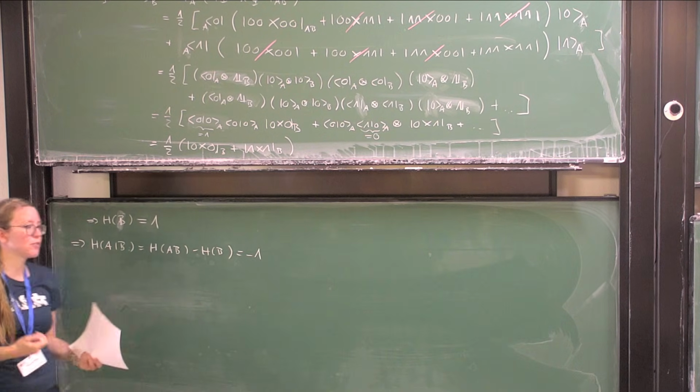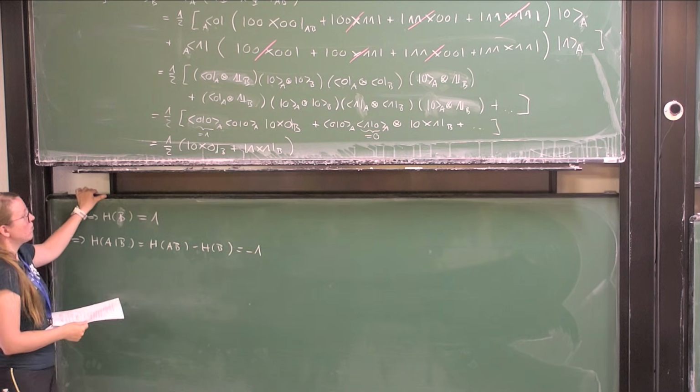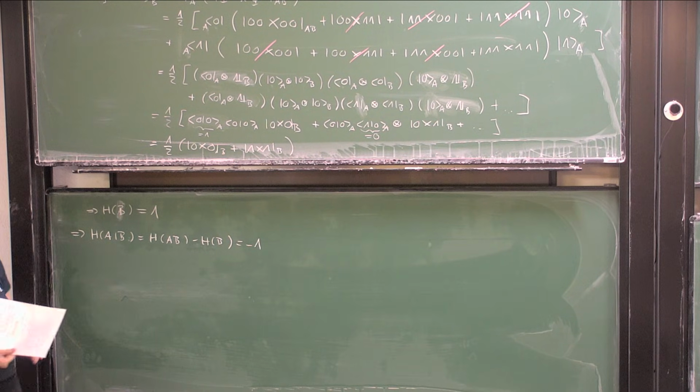So we get a negative entropy if we put an entangled state in at the beginning.